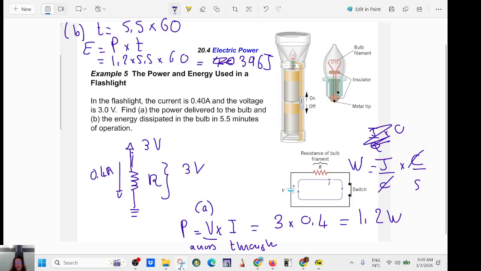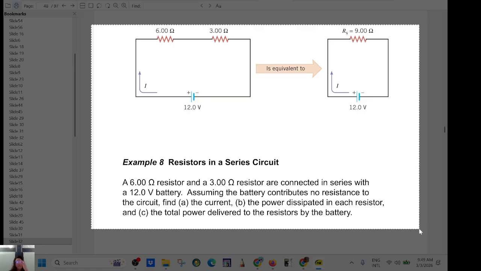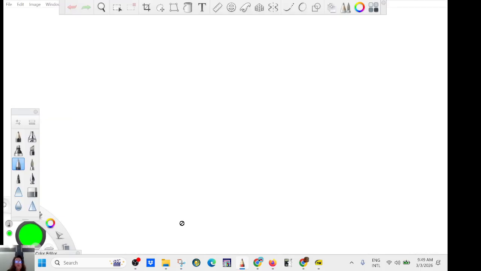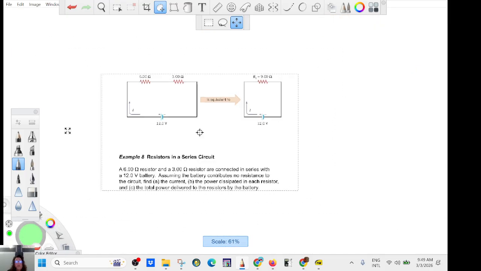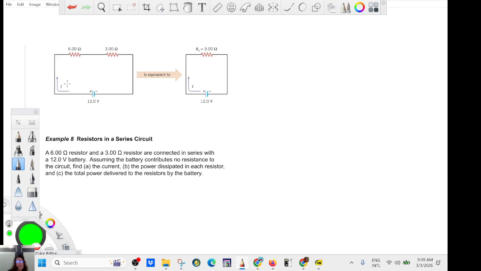I'm going to show you how to do it. This is called a circuit in series. Again, that's easy. I'm just going to show you the methodology, because for those going into electrical engineering, you will have to take a more advanced class in circuit analysis.